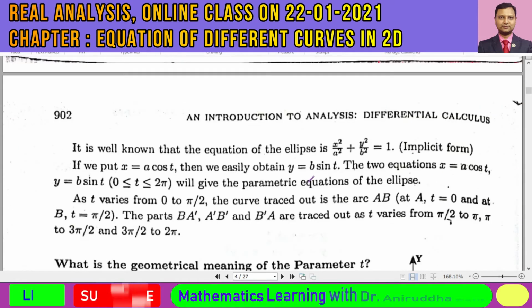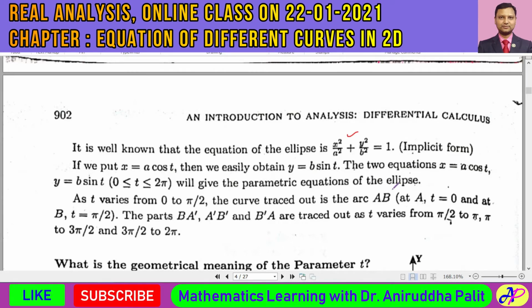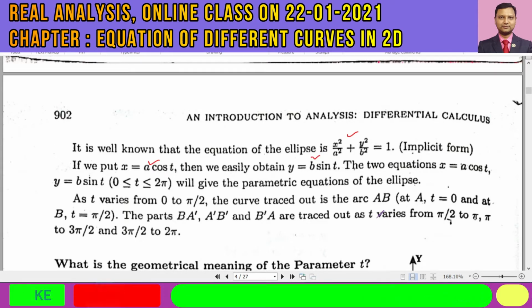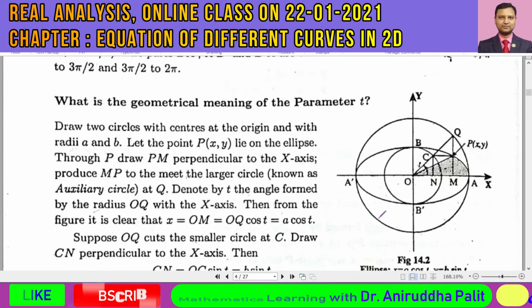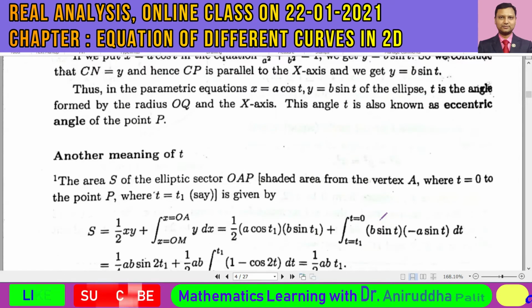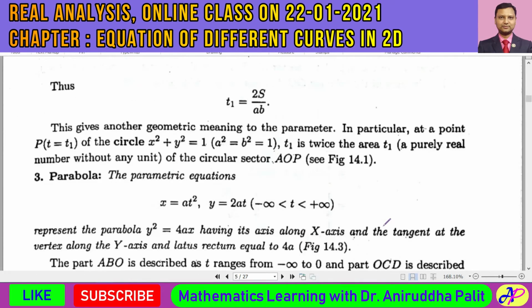So these are some standard results of parametric representation of a curve. If you consider an ellipse, x square by a square plus y square by b square is equal to 1, then it can be written in this form: x is equal to a cos t, y is equal to b sine t. This is a parametric representation of an ellipse. Similarly, we can have the parametric representation of hyperbola and other kinds of curves.